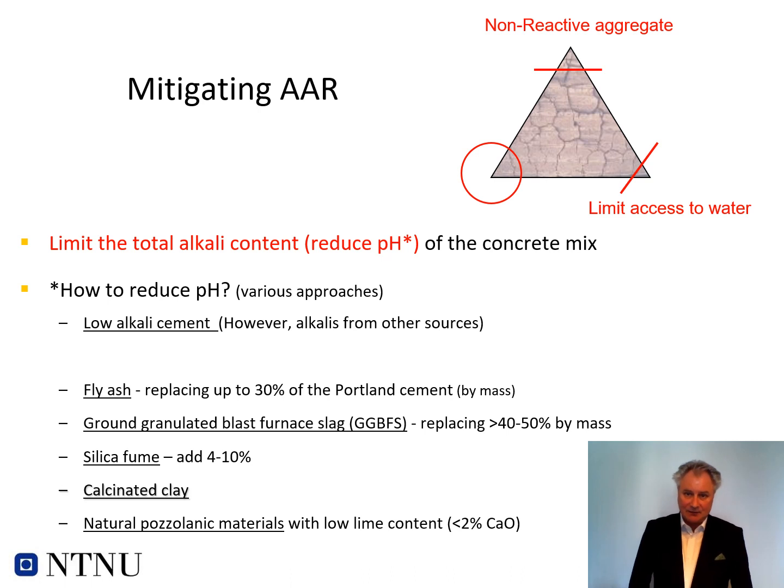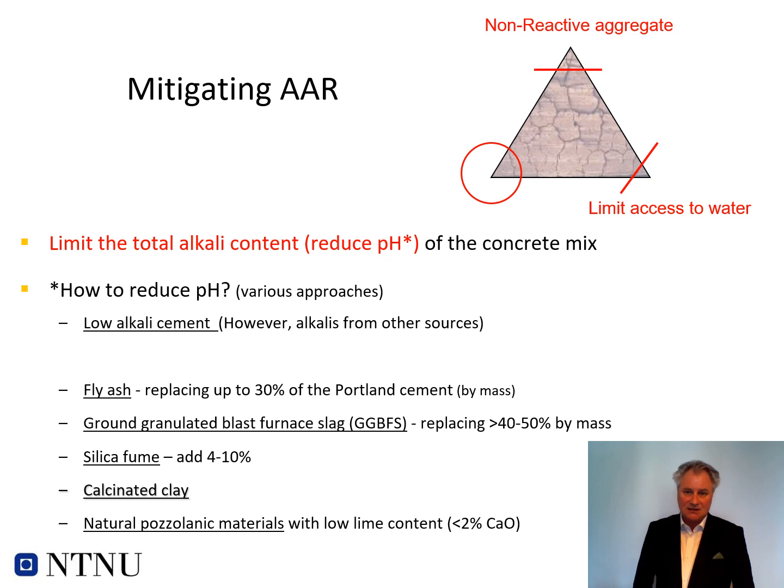But then you still have the problem that you could have some external alkalis from other sources. What is becoming a very common mitigating measure is to use fly ash. Fly ash you get from burning coal in power plants.